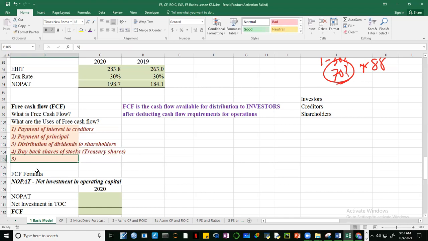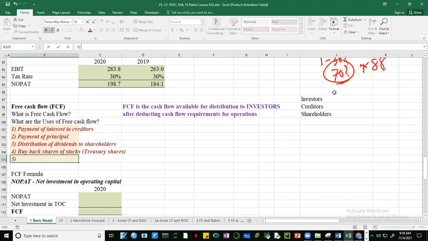So the company can buy back the shares of stock owned by the shareholders, and we said there's a reason for that. Okay, anything else, guys? One more.